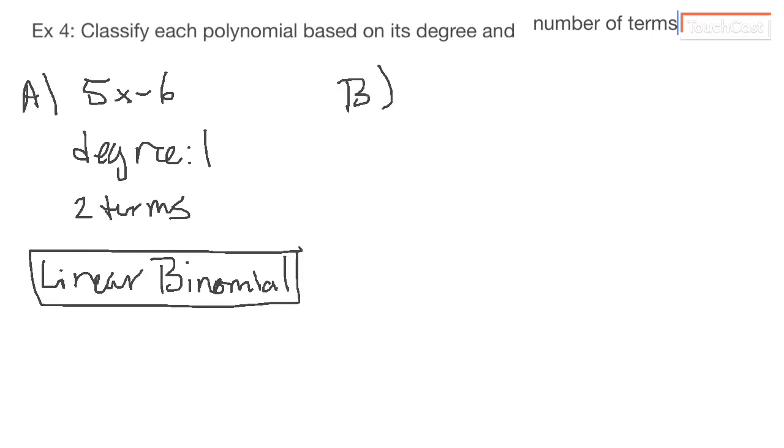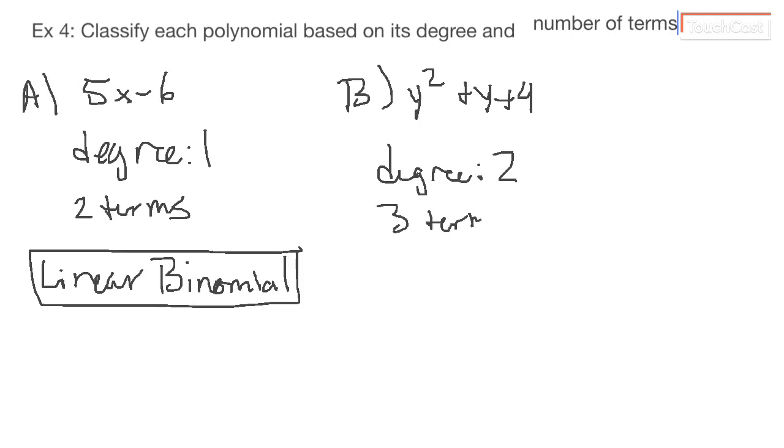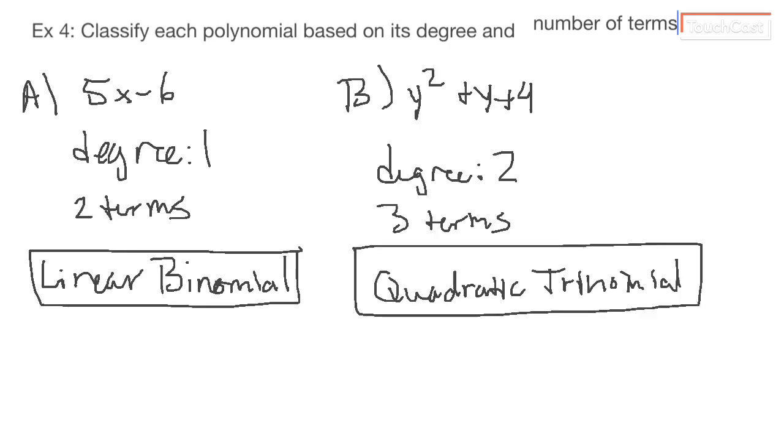So in this second one, we're going to have y squared plus y plus 4. And here we have a degree of 2, and we've got 3 terms. So we're going to call this a quadratic trinomial. Let's look at one more.